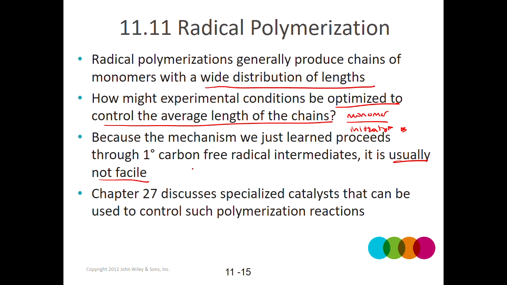So those monomers are kept in brown bottles and kept at cold temperatures to prevent those reactions from occurring. And if you're interested, you can look at the end of the textbook where it shows some specialized catalysts that help to control and facilitate polymerization reactions even if they go through relatively unstable intermediates, which normally wouldn't work well at room temperature without a catalyst.